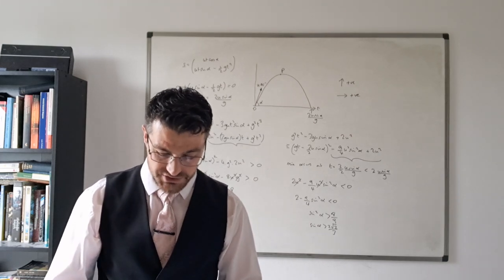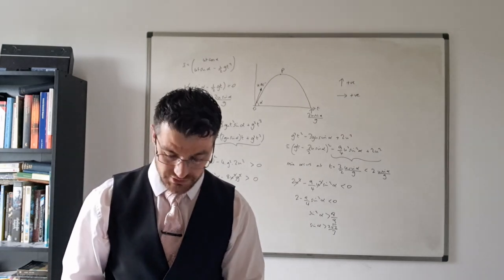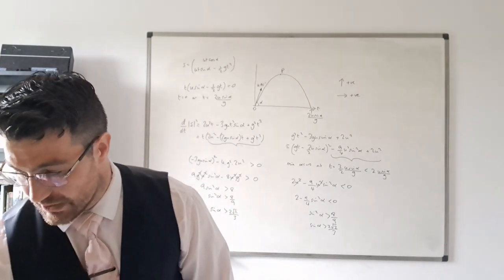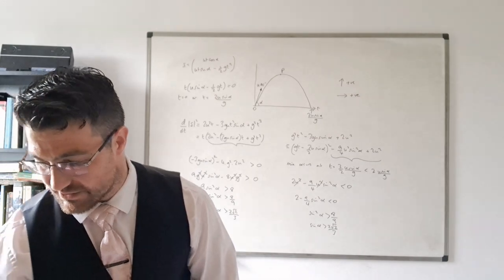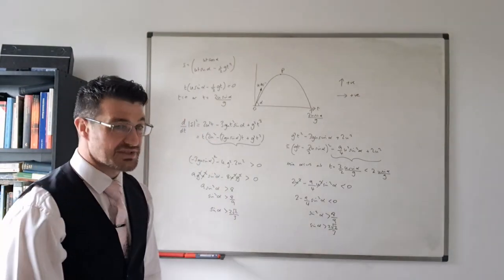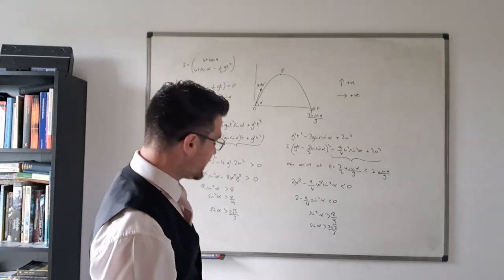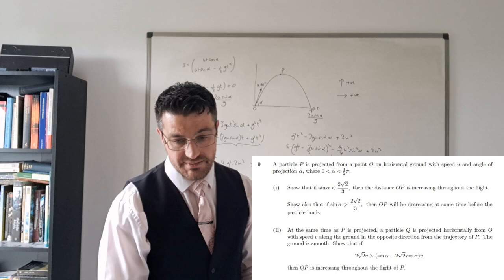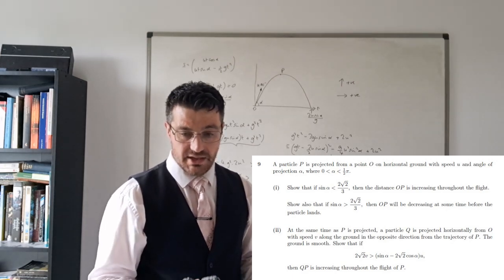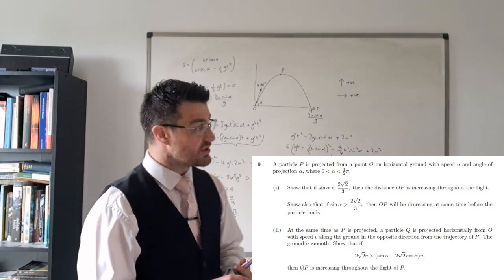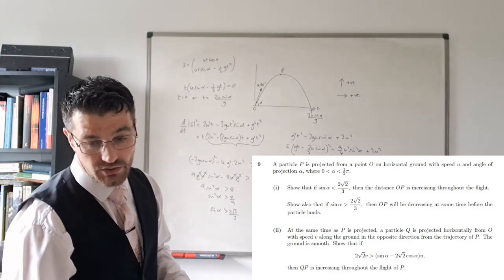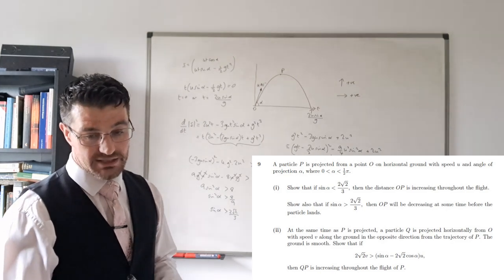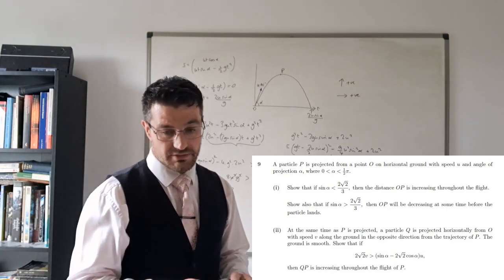Right, so then on to the next part. I've got my notes here just to quickly refer to. This part is not too difficult, it's just a little bit messy algebraically. At the same time as P is projected, a particle Q is projected horizontally from O with speed v along the ground in the opposite direction from the trajectory of P. The ground is smooth.